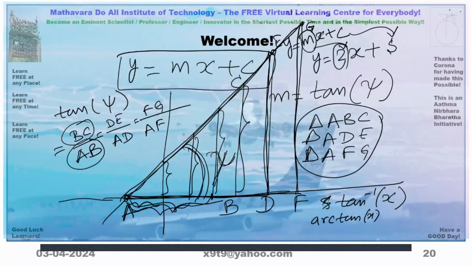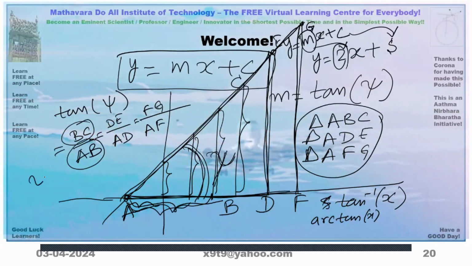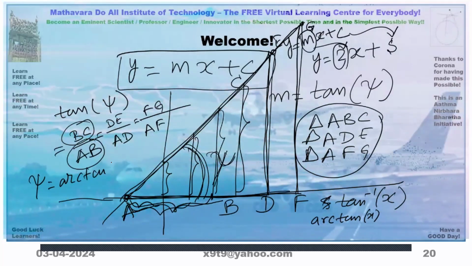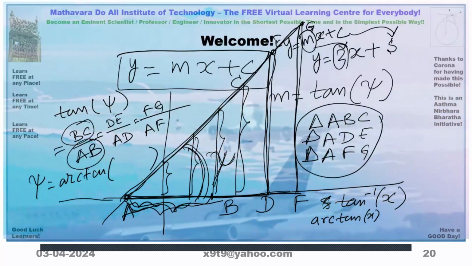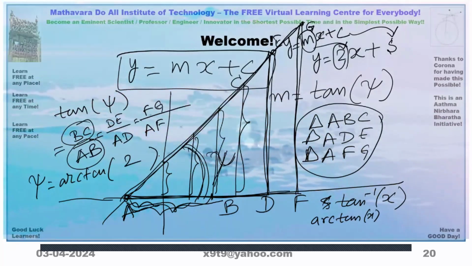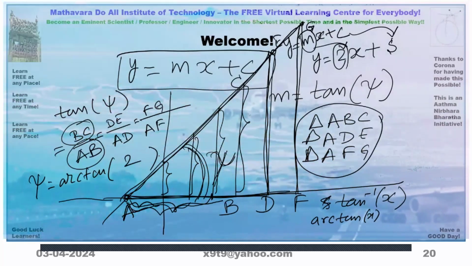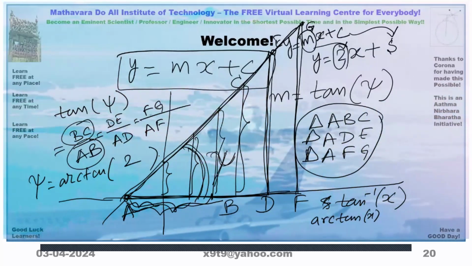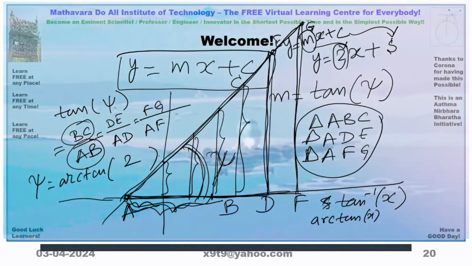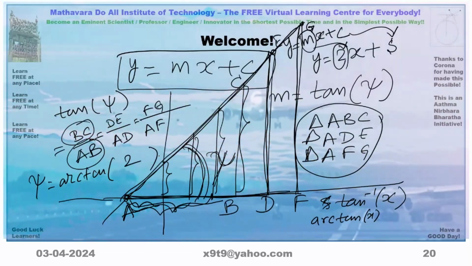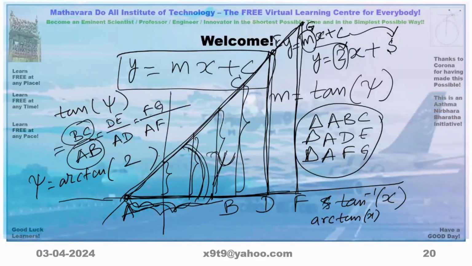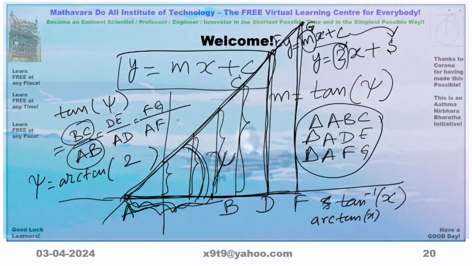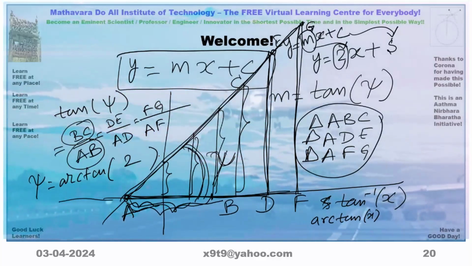So it gives the angle: this psi is equal to tan inverse of that number, that is 2. You can calculate from that with the scientific calculator. Can you calculate how much is tan inverse 2? It should come around 60 degrees something. So there will be inverse.